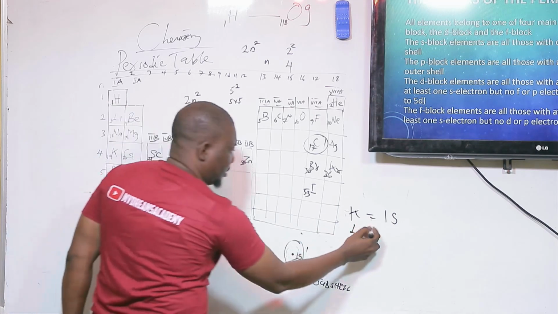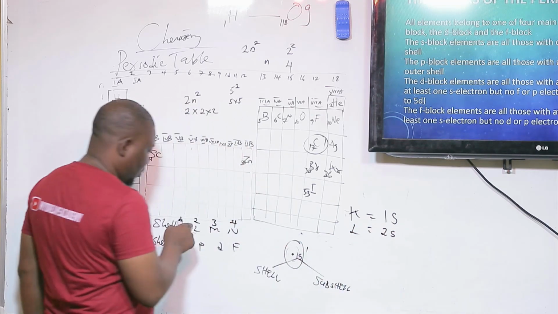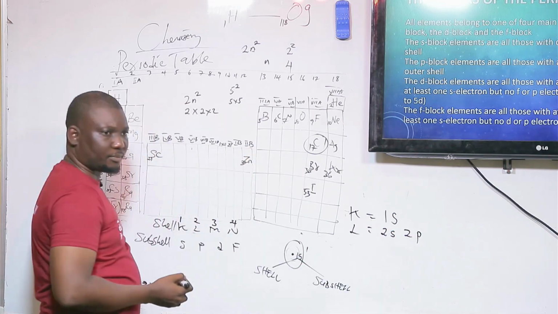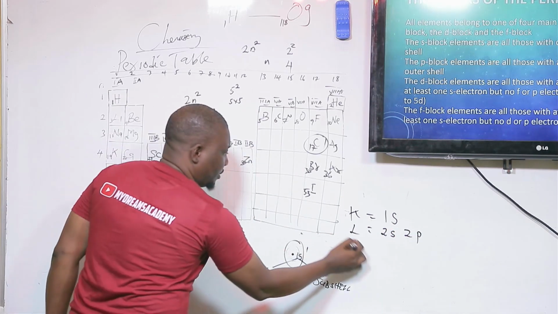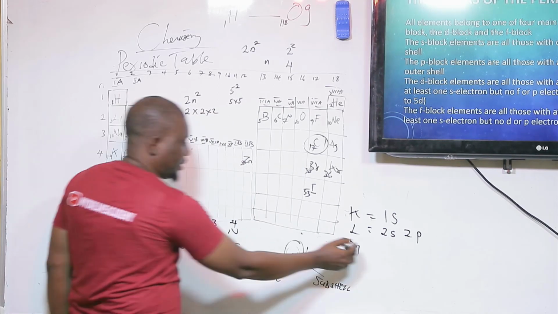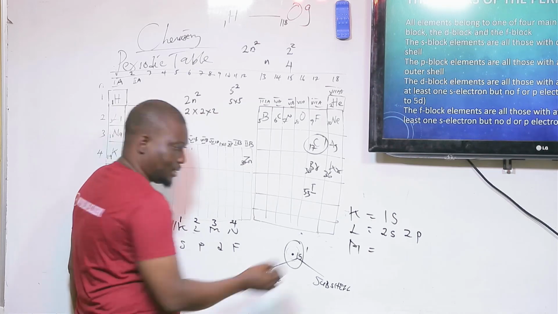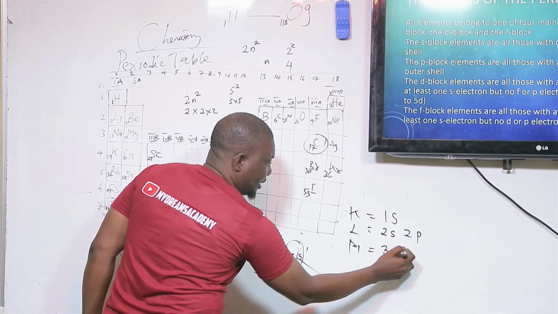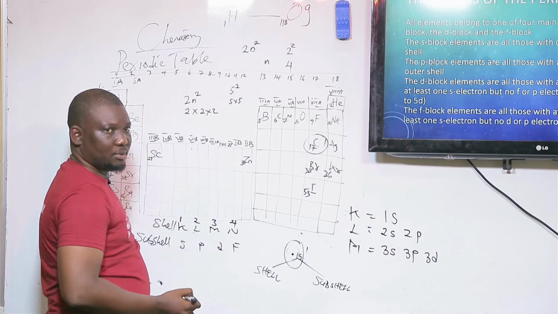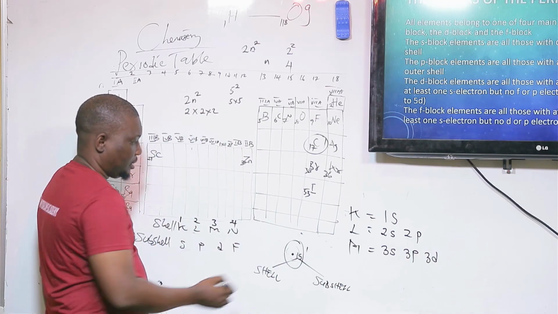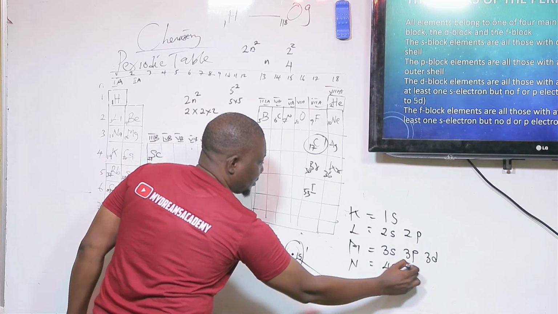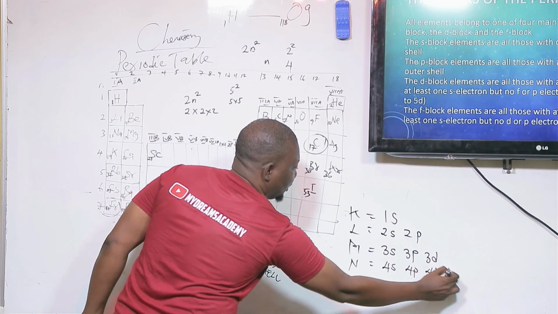Name the subshells. 2s, because the value of L is 2, and 2p. For the M shell, the value of M is 3, so how many subshells? 3. Name them: 3s, 3p, and 3d. What about the N shell? 4. What are they? 4s, 4p, 4d, 4f.